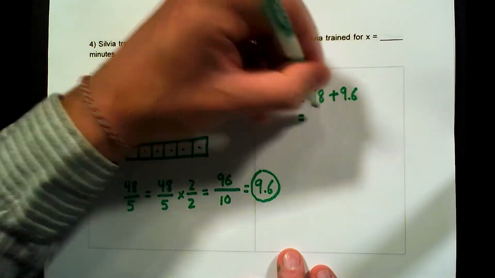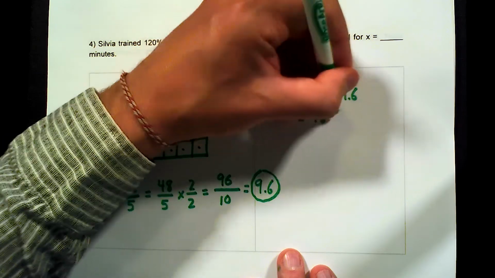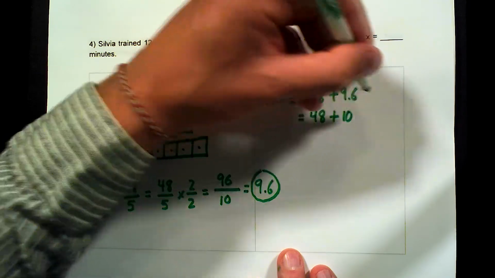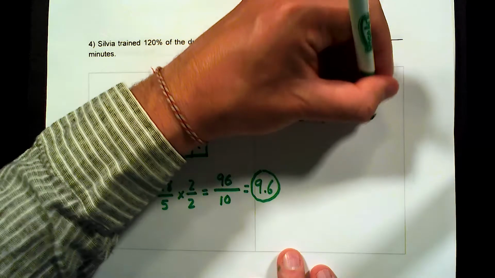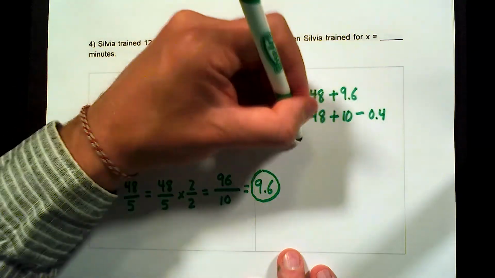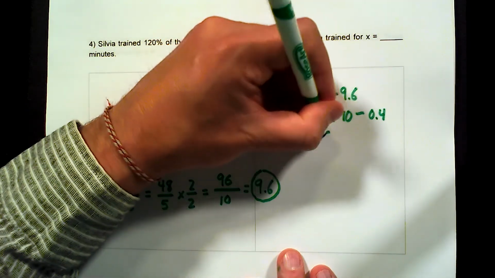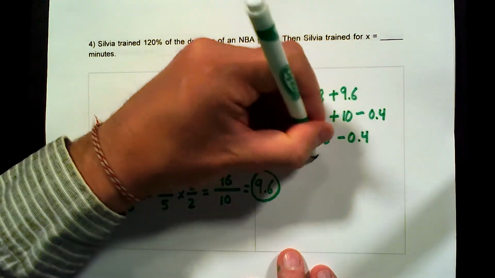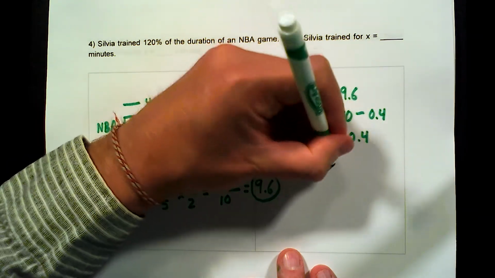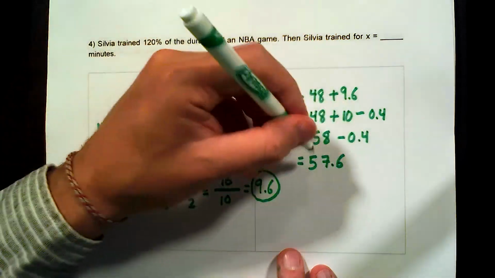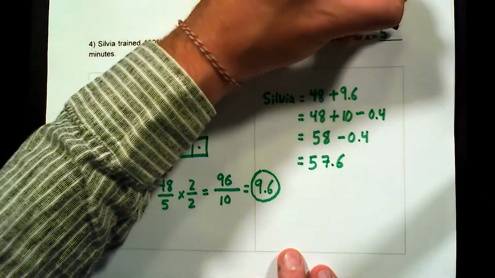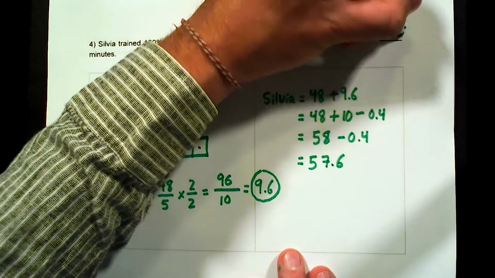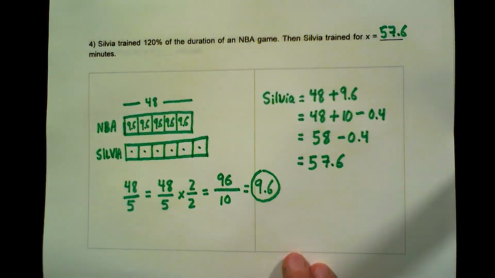And so you could do this in many ways. One way would be adding 9.6 is adding 10, and then subtracting 0.4. And so this is 58 minus 0.4. And this is 57.6. And so that would be the answer, 57.6 minutes.